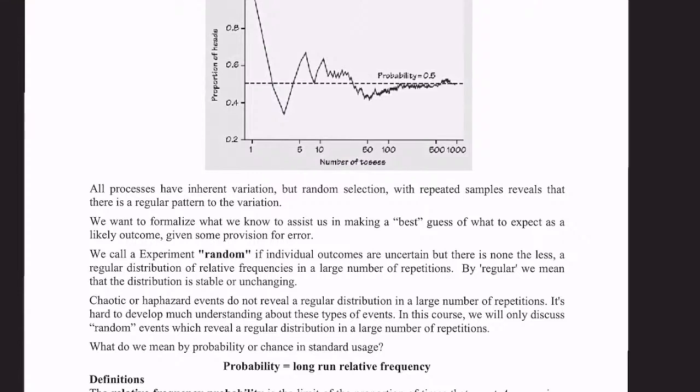This is a graph that could be made of this kind of thing, where you flip it once and you record. In this case, the person got a head, so this is heads here. So it's 100%, so 1 out of 1 was heads.